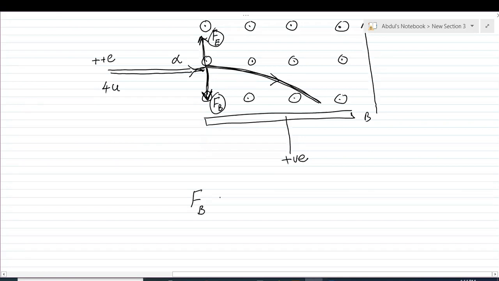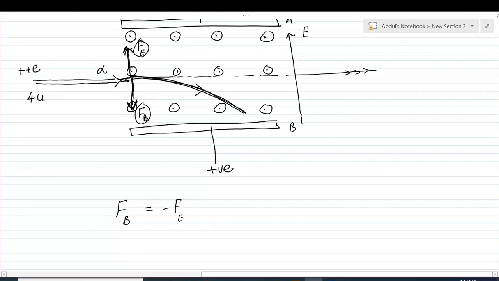Yes, FB is equal to FE, but in opposite direction. So when the resultant of both is zero, this moving charged particle will pass through the field undeflected. It will go straight. And this situation is called the Hall's effect.